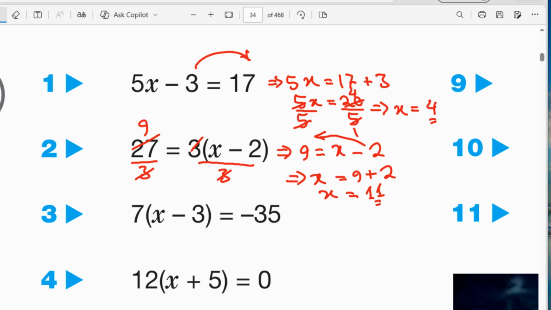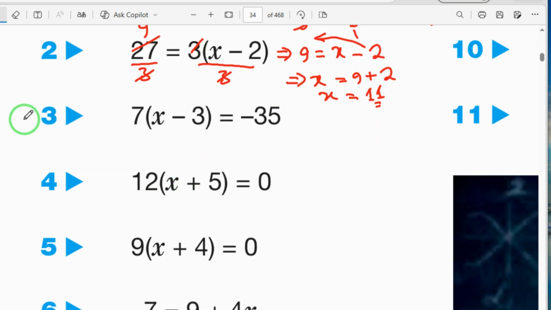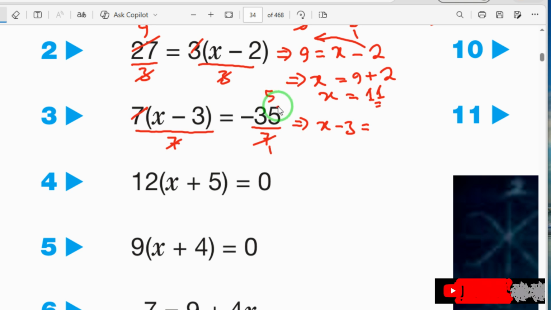Question number 3. As well, first we divide both sides of the equation by 7. Here we directly simplify, just remain only x minus 3 equal to 1 times of 7 is 7, 5 times of 7 is 35 equal to minus 5.